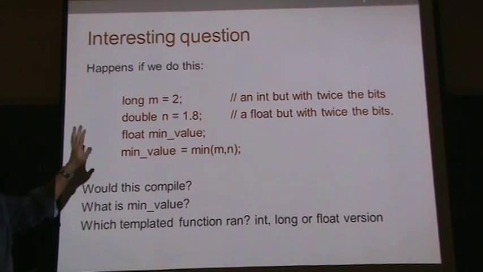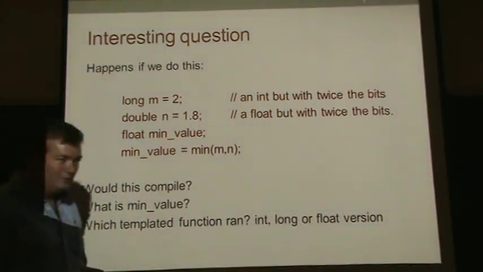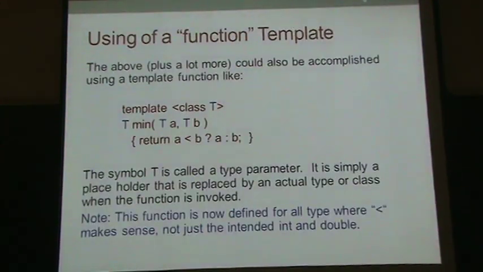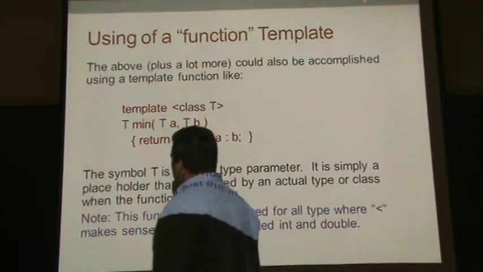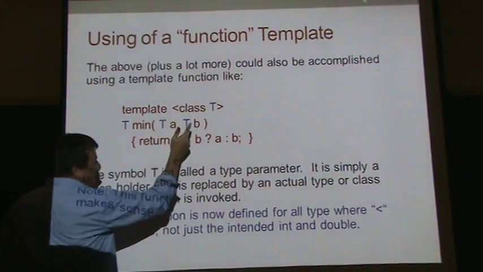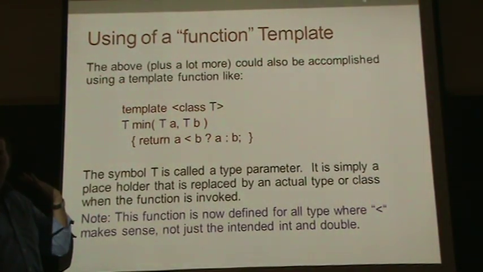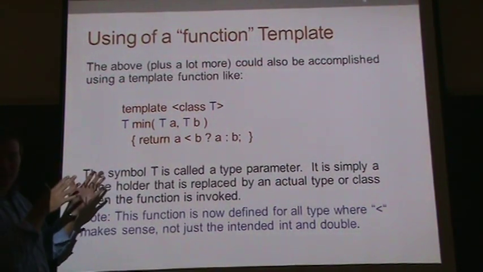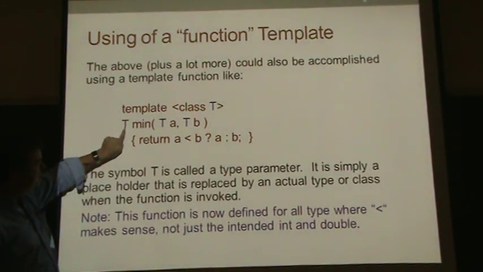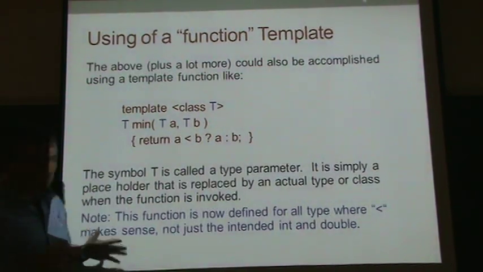So why is this an interesting question? In the earlier definition, we used the same letter T. We could have done T, U, V, just going through the alphabet, and that would work fine, because it's okay that all three types are different. But when we made the template, we insisted that the first two inputs and the return type all match.